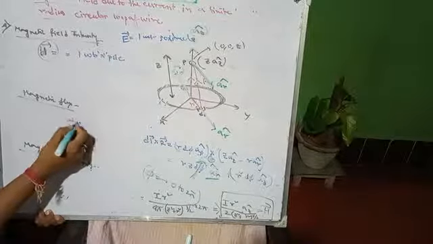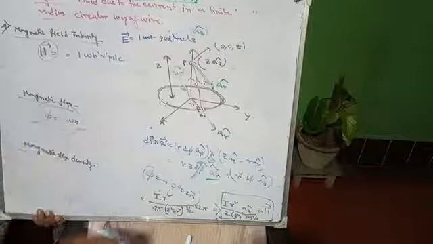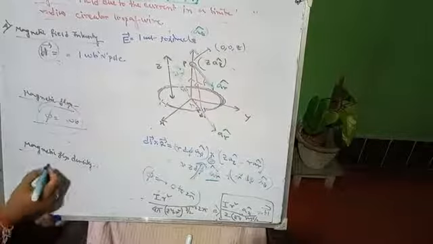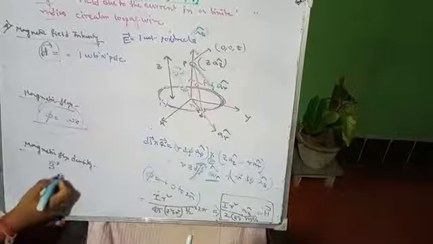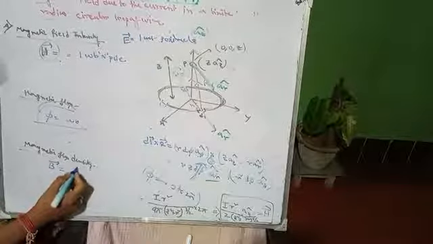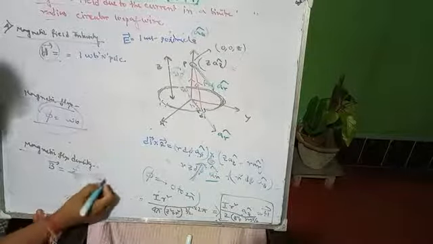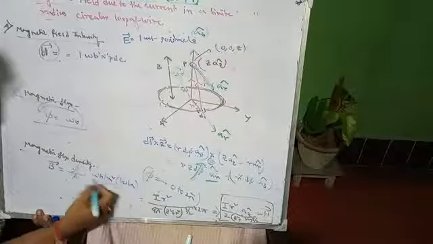The flux is denoted by φ, the intensity is denoted by H, and the magnetic flux density is denoted by B. Magnetic flux density is nothing but the flux per unit area, and its unit is Weber per meter square or Tesla.